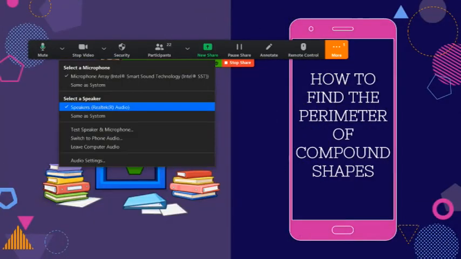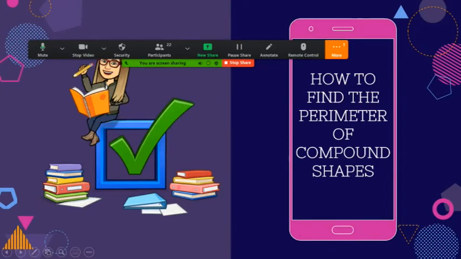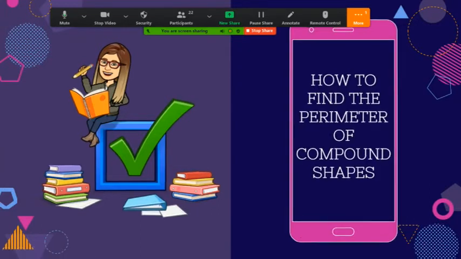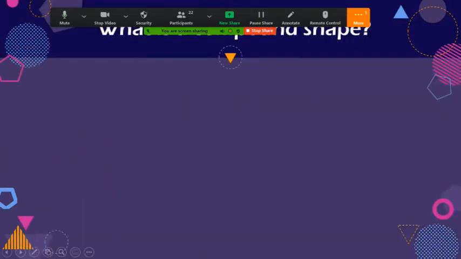Now that you know how to find the perimeter of a rectangle and other regular polygons, let's figure out how to find the perimeter of compound shapes. So let's first define what a compound shape is.